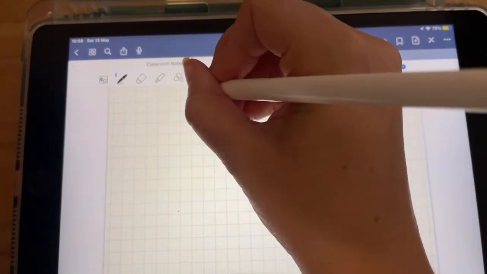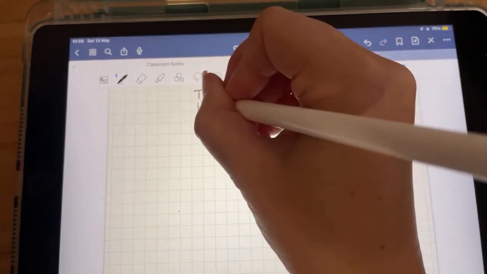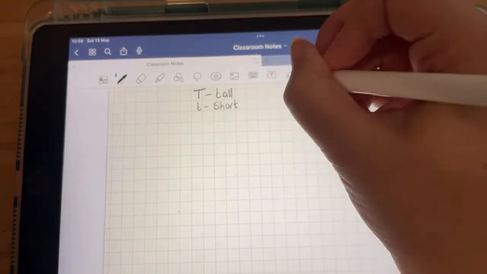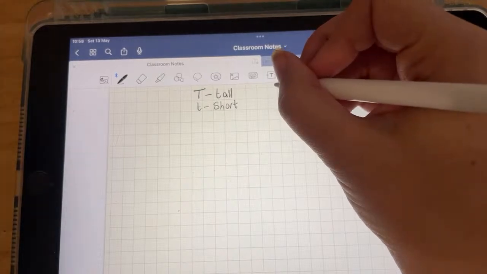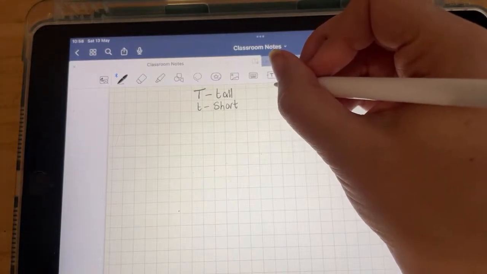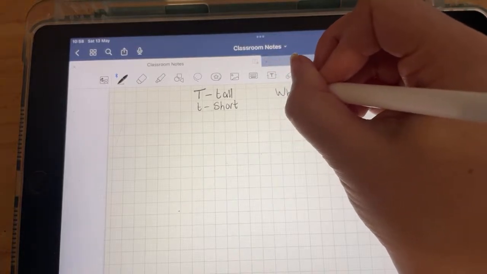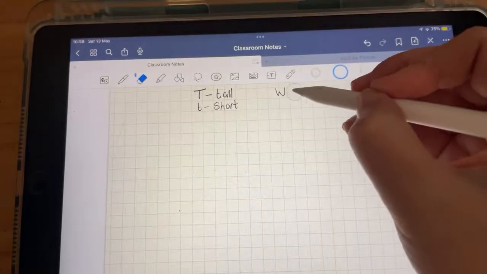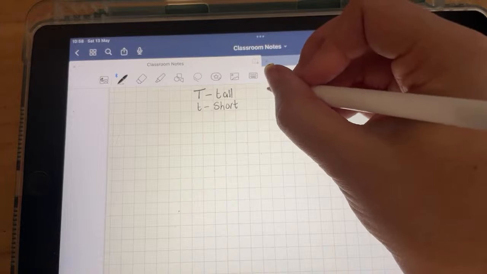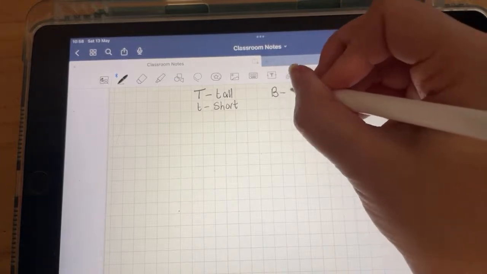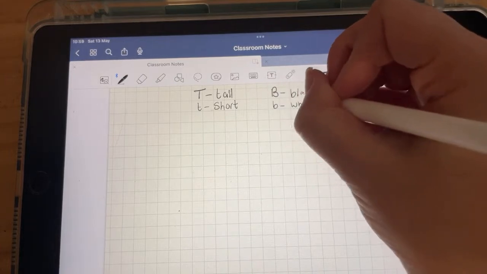So let's say we have, let's do a classic. We've got tall, and we've got short. And then let's do black as a better letter than W. So B for black, and then little b for white.